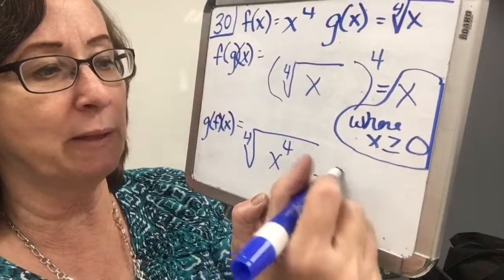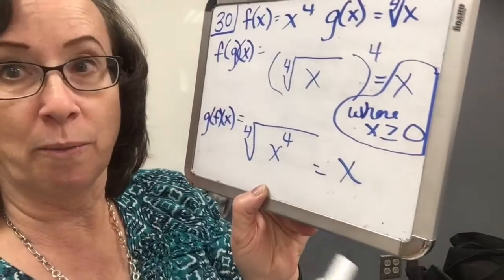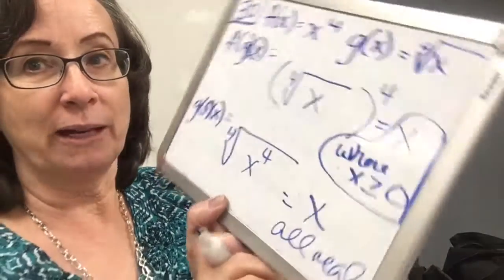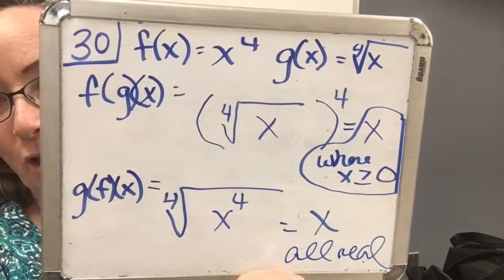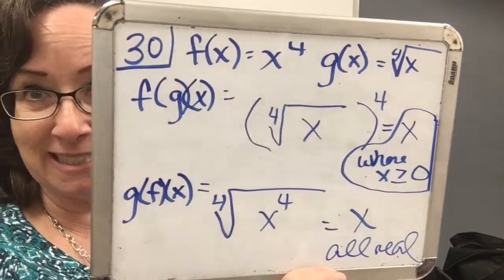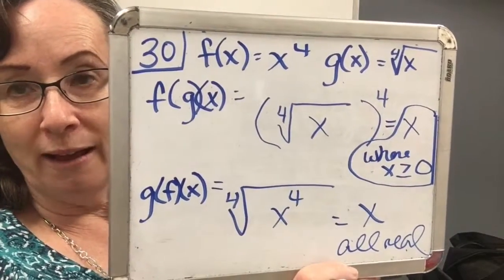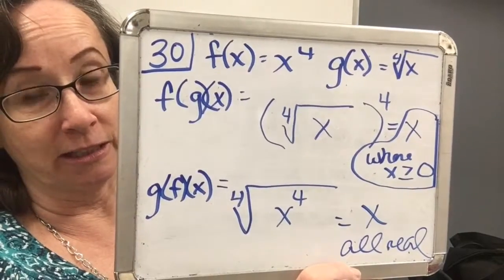So again, we would get x, but in this case the domain would be all real. Okay, so even though we had the same two functions to start with, our domains were different because of one function being the input of the other function.